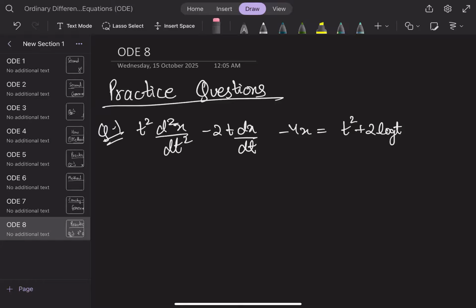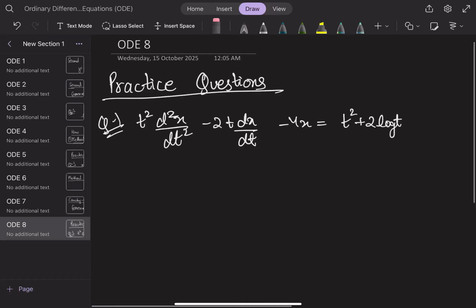So first let's start with this question. So this is t square D square minus 2tD minus 4 times x is t square plus 2 log t.